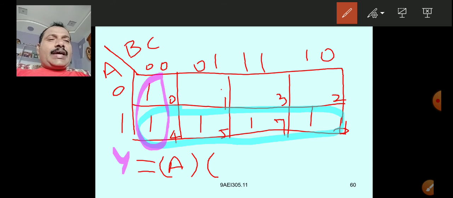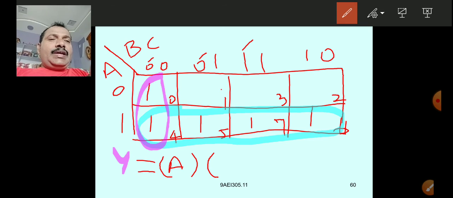So in the column side, if you go from left to right, the variable B is changing from 0 to 1. Here it is 0, 0, and now it became 1 here.